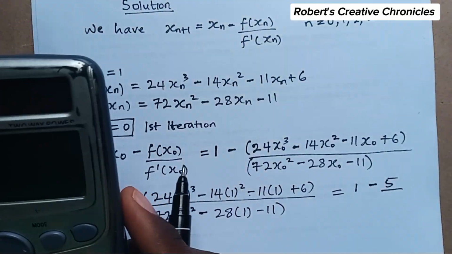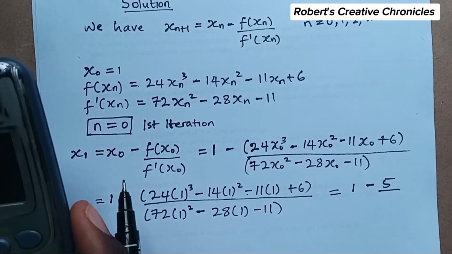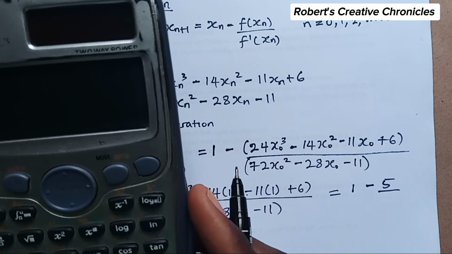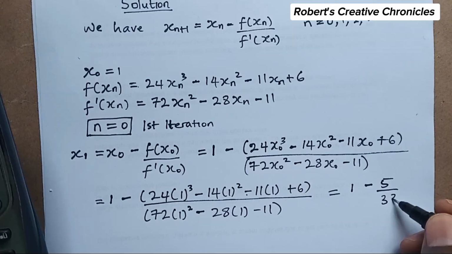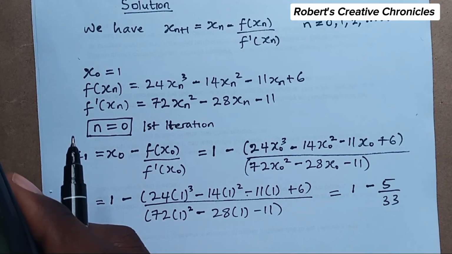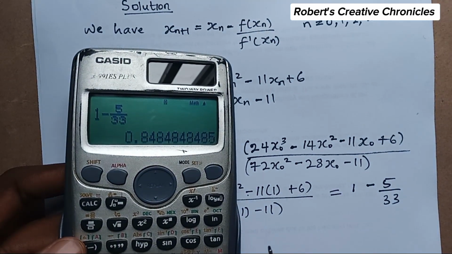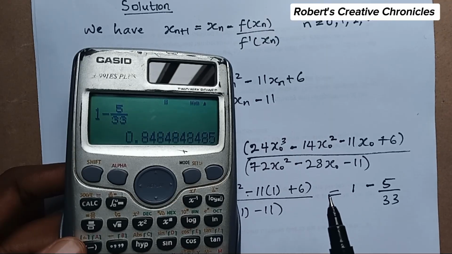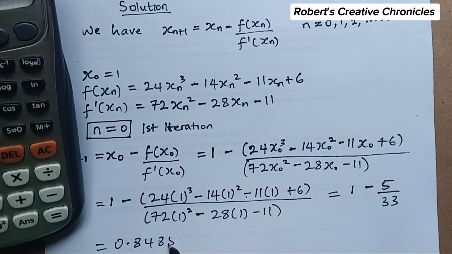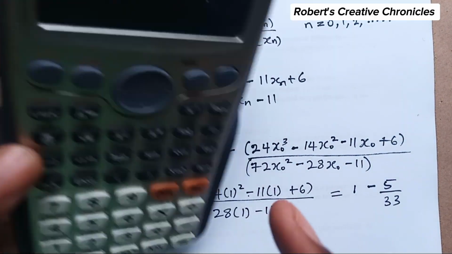Over 72 minus 28 minus 11, 33. And substituting this into the equation gives 0.8485 approximately. So our first iteration gives us this.